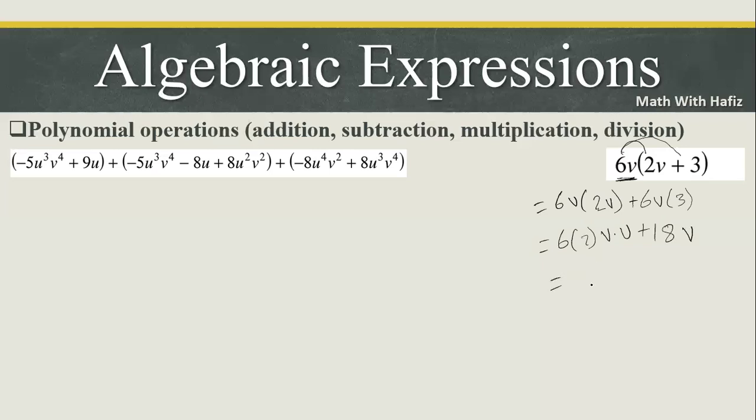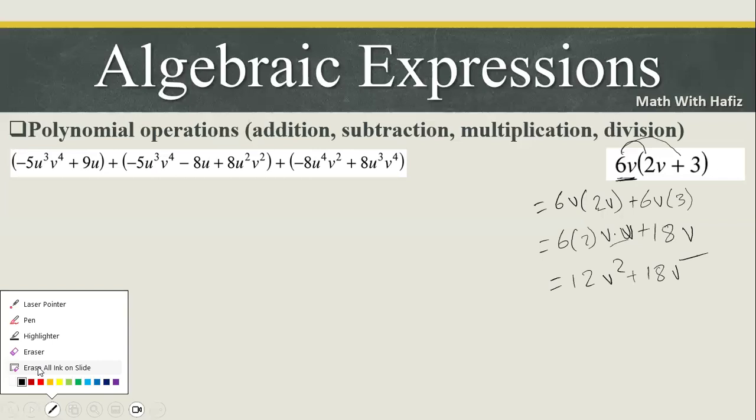So it will be 12 v multiplied by v. I wrote it as u, it is v. So it is 12v square plus 18v. If you want to take anything common again, you will get the same thing. So this is your final answer. I hope it is very easy and clear for you guys.